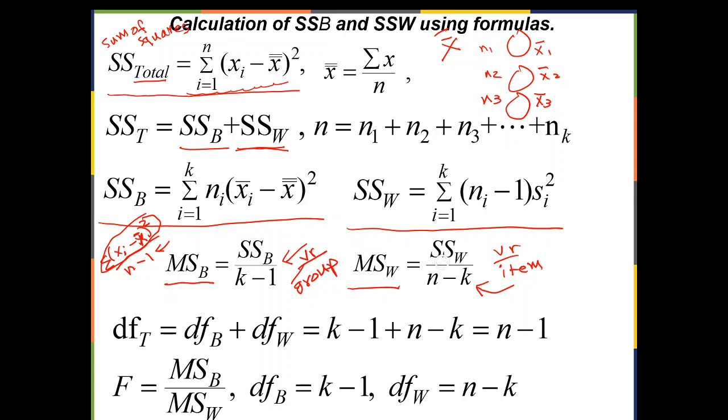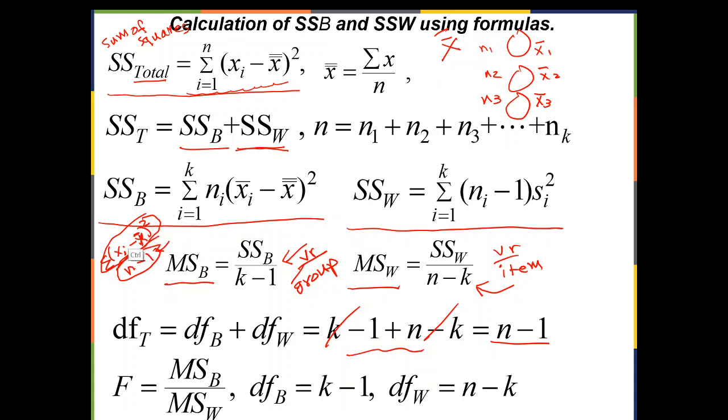The total degrees of freedom would be the sum of these two. Notice that k minus 1 plus n minus k, the k's go away. So that's just n minus 1. So n minus 1 is the total degrees of freedom, and that is what we use if we want to find the total variation per item, regardless of groups.